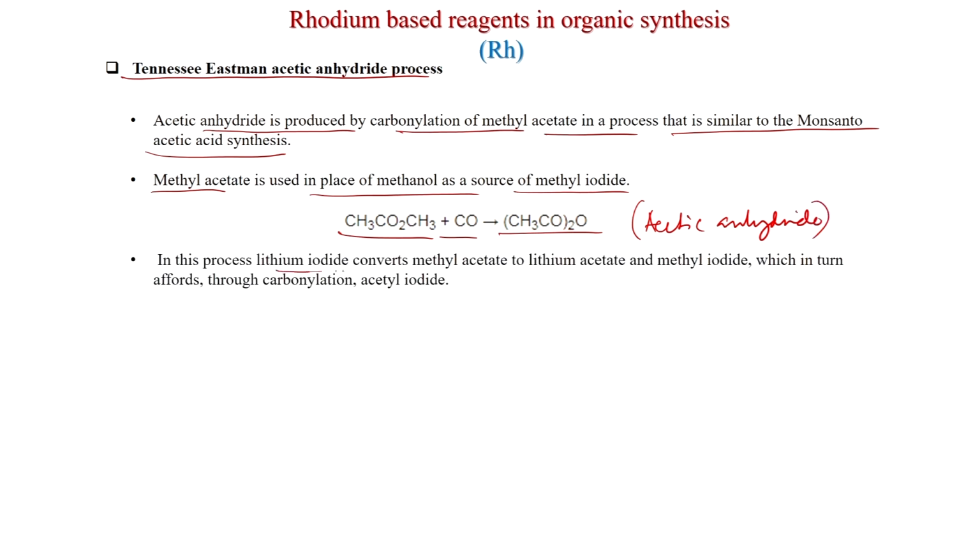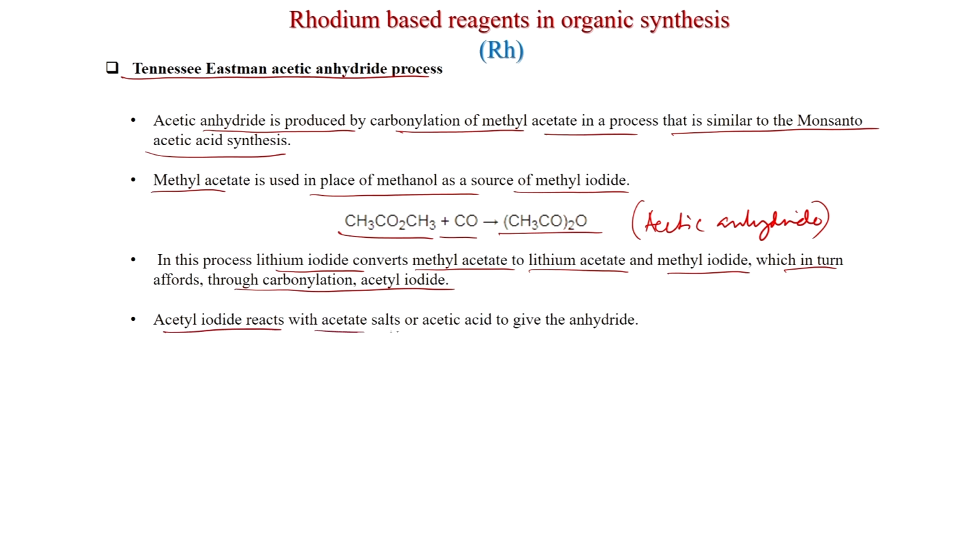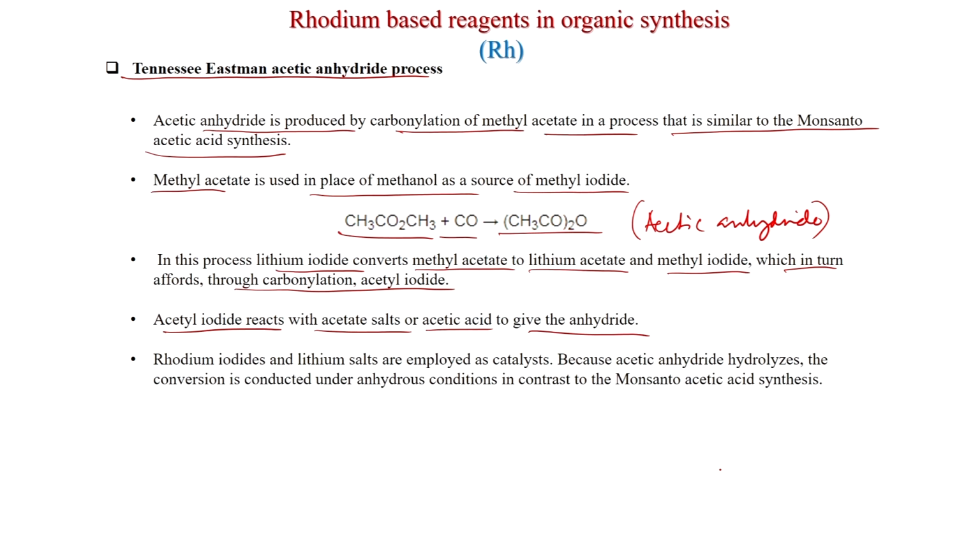In this process, lithium iodide converts methyl acetate to lithium acetate and methyl iodide, which in turn affords, through carbonylation, acetyl iodide. So, here also acetyl iodide is formed. Acetyl iodide reacts with acetate salts or acetic acid to give the anhydride. This is important: rhodium iodides and lithium salts are employed as catalysts because acetic anhydride hydrolyzes.